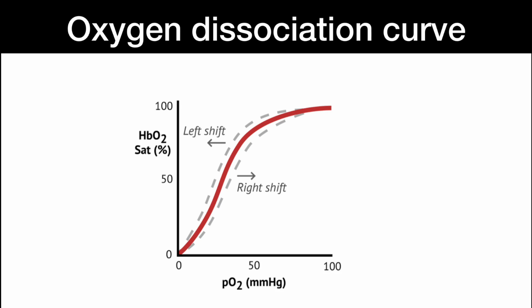If we look closely at the graph, if the PO2 is increased beyond 60, there is absolutely no difference in the hemoglobin saturation, which means that although the PO2 increases, the hemoglobin still has a high affinity for oxygen and remains fully saturated.